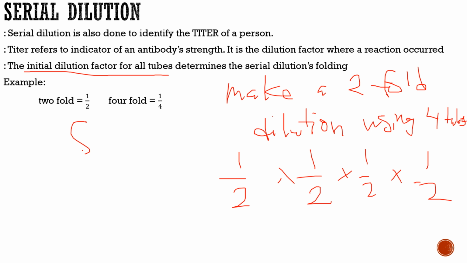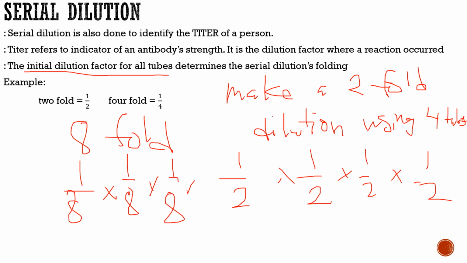Similar kapag sinabing 8-fold, it will have 1 is to 8 times 1 is to 8 times 1 is to 8 times 1 is to 8. Ulitin ko, yung folding class na sinasabi dyan will determine what is your initial dilution for all tubes.